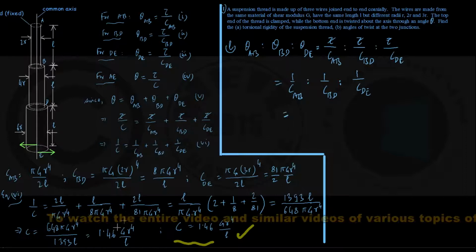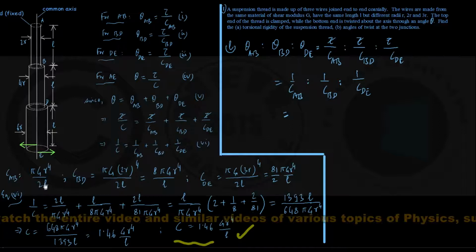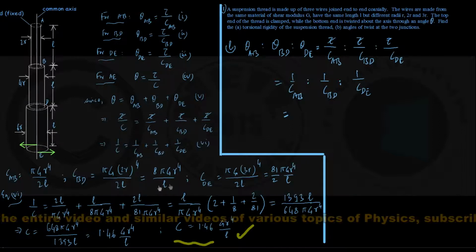And we have seen earlier that CAB is pi g r to the power 4 by 2L and so on. We have got all these three things written here.